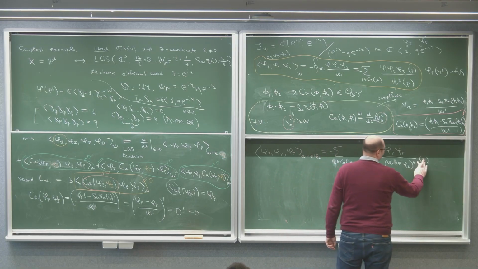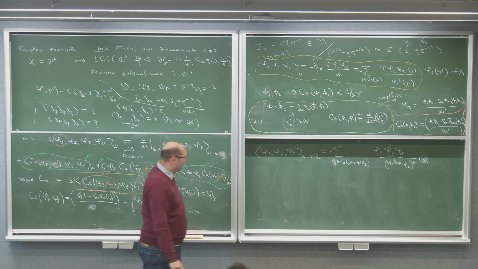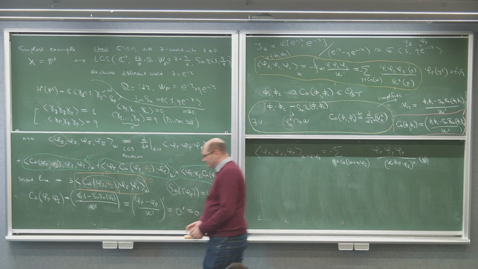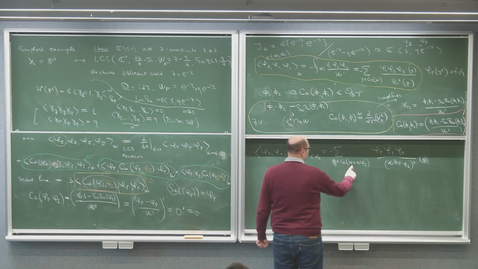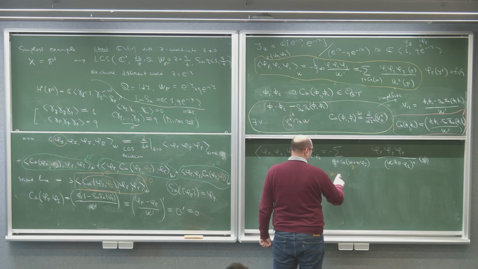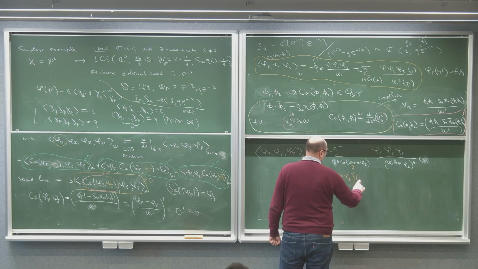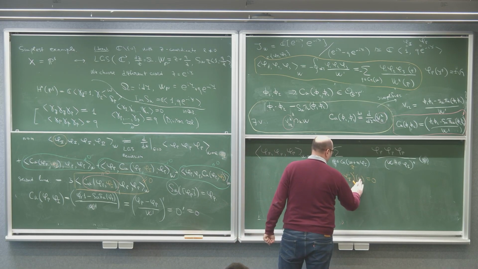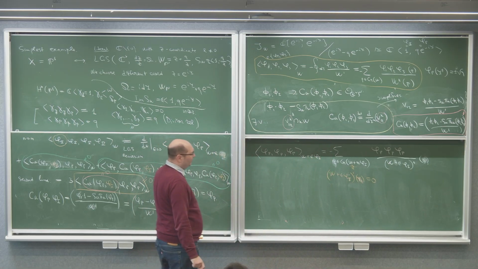Let me call the critical point R, to avoid confusion with the capital letter. Now let us notice our equation for critical points. Critical points are solutions to the following: the first derivative of the deformed W evaluated at the critical point labeled by R should be 0.